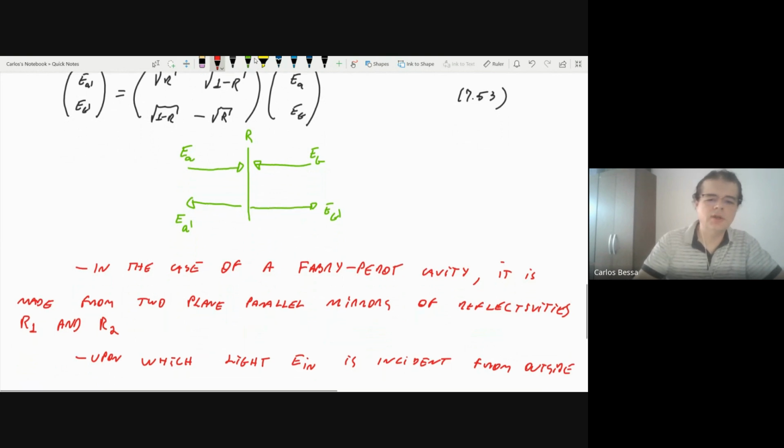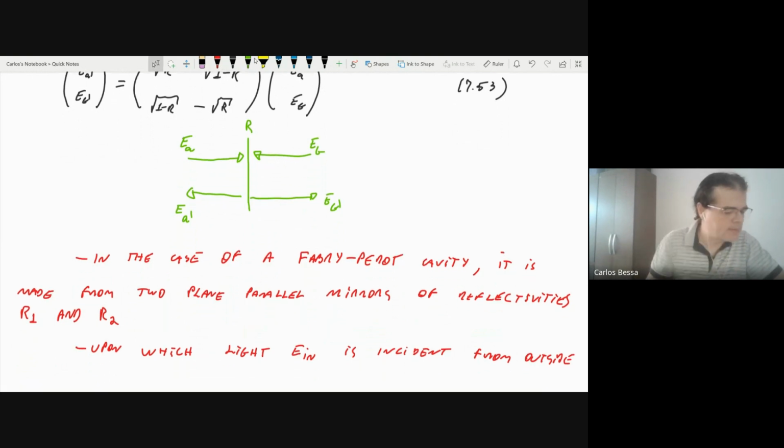It's a laser light that you send, as shown in the figure below.